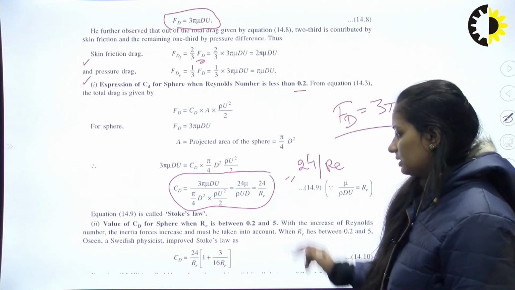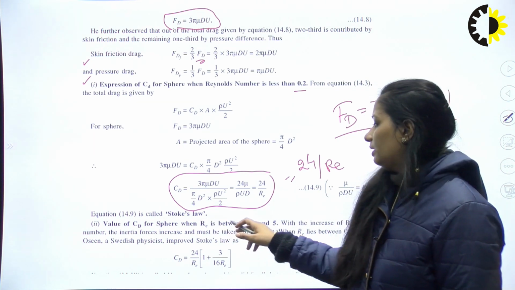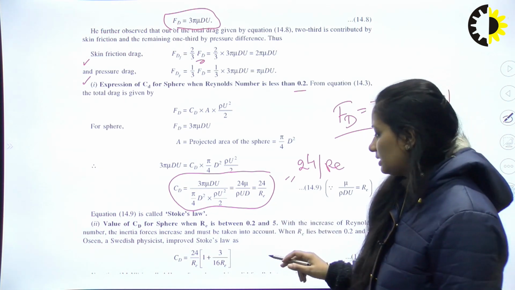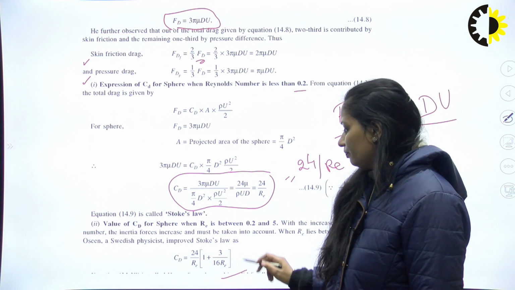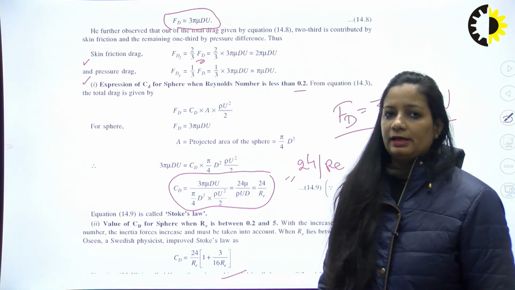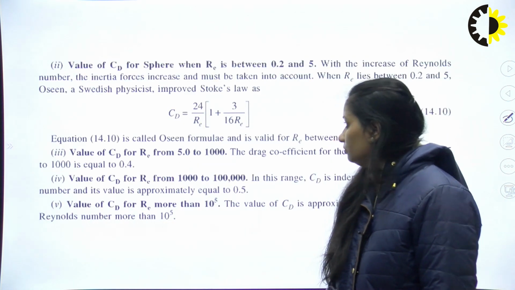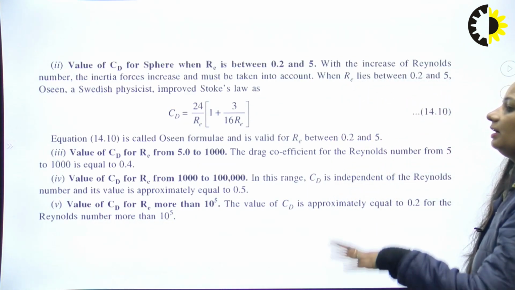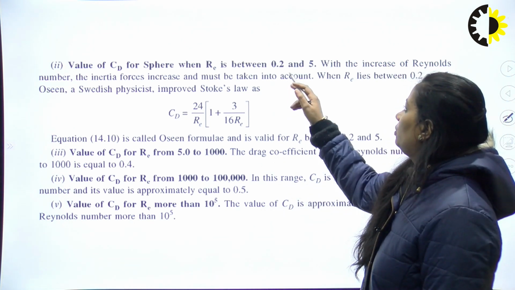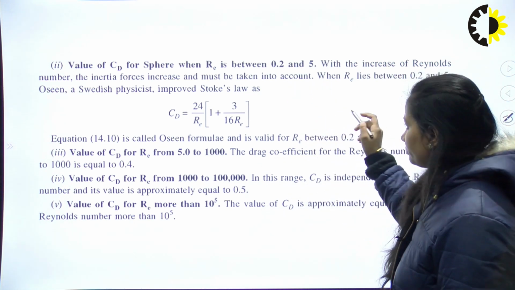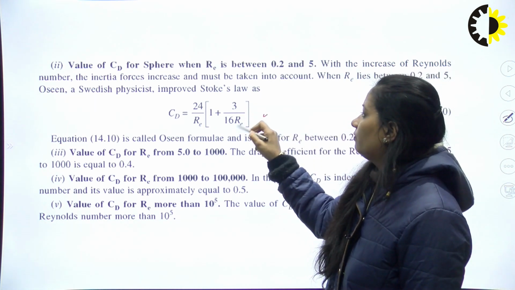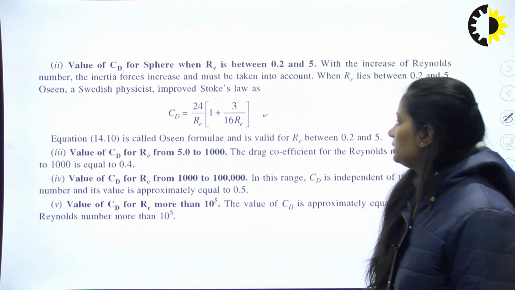But in the second case, when Re ranges between 0.2 and 0.5, what will be the formula for CD? It is taken as 24 by Re times (1 plus 3 by 16 Re). The third case arises when Re is between 0.2 and 5, where the formula is again CD equal to 24 by Re times (1 plus 3 by 16 Re).